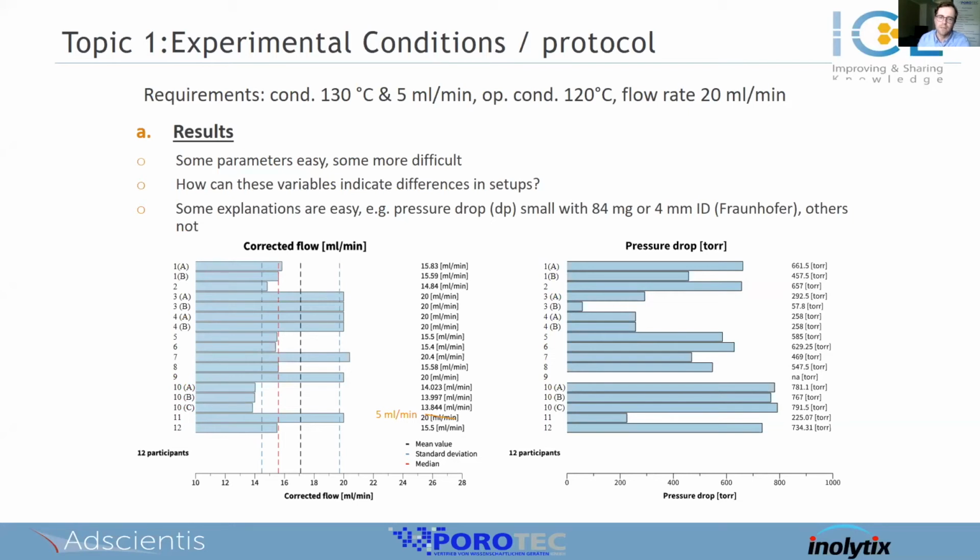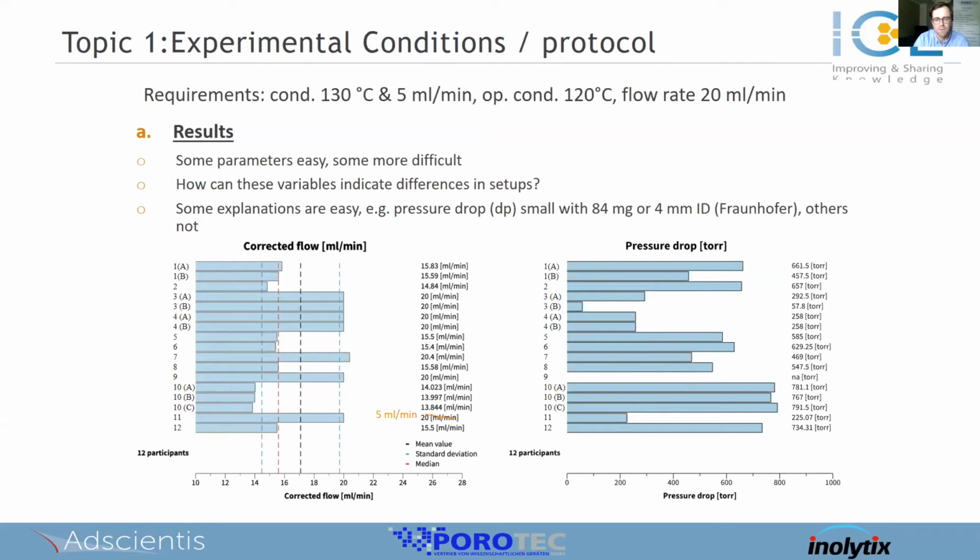Overall, the variation in the flow rate and the variation of the column geometry lead to variation in the pressure drop, although we have similar sample mass. Many participants are in the range of 600 to 700 torr, but we also have deviations like number 3B with very low pressure drop due to small sample amounts.